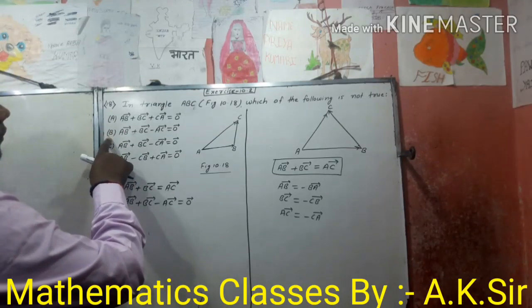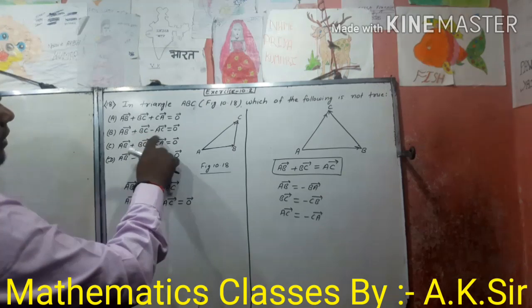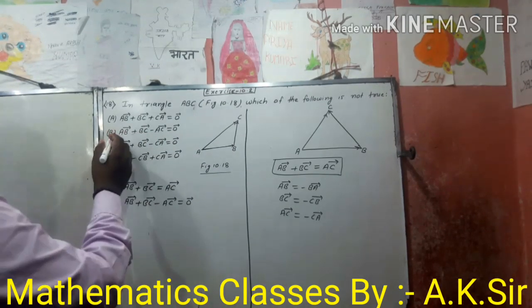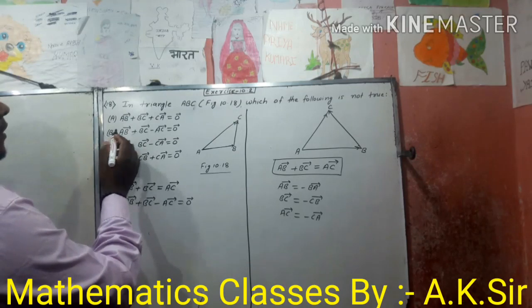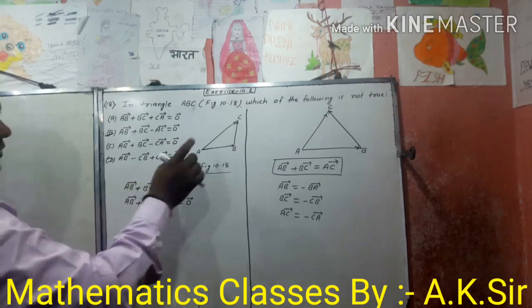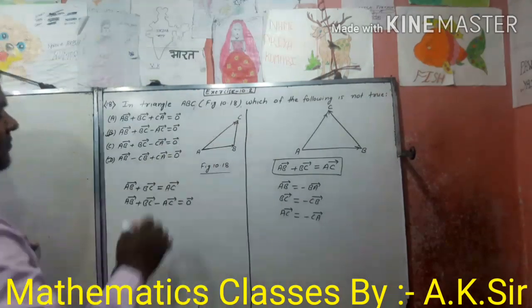Here in option B, AB vector plus BC vector minus AC vector is equal to 0. It means B is true in this given triangle ABC.